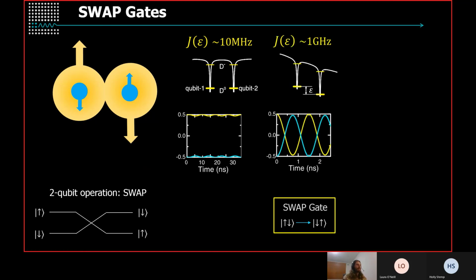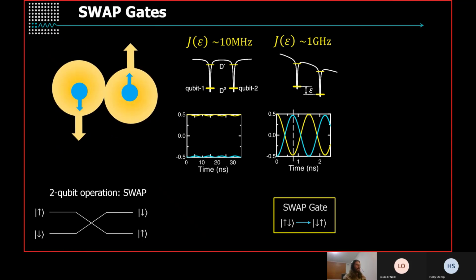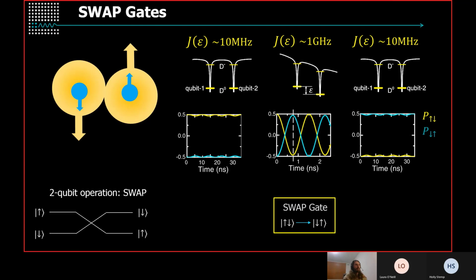Then we electrically detune the system, which ramps up our exchange interaction. How this really works, I'll explain in a minute later. Then we get these exchange oscillations. And if we just stop after half a cycle, we exchange the spins and quickly go back to switching off the exchange interaction and perform the swap gate.